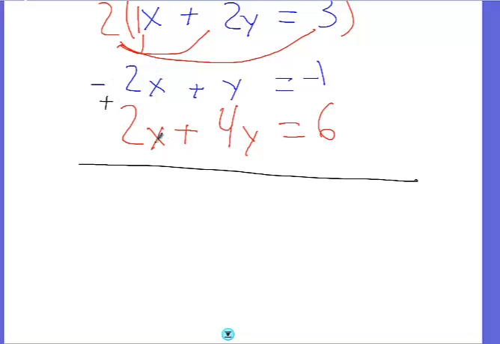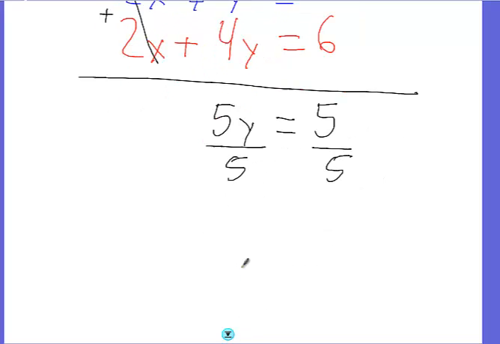So negative 2x plus a 2x goes to 0. y plus a 4y goes to 5y equals negative 1 plus 6 is a 5. Again, divide both sides by 5, and you get y is equal to 1.